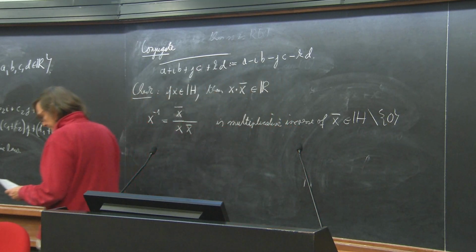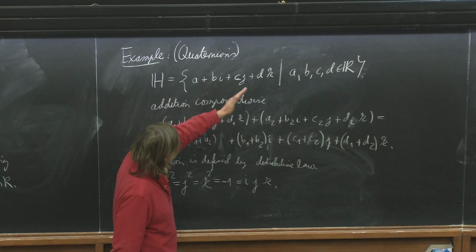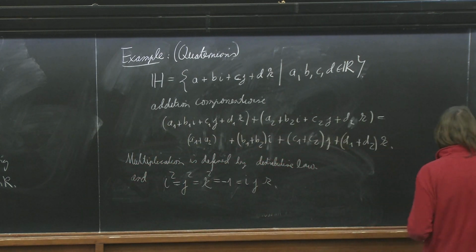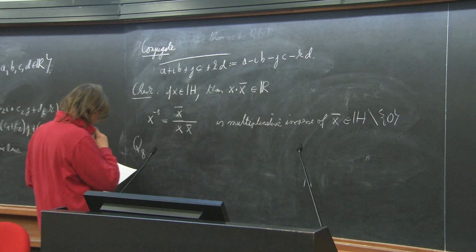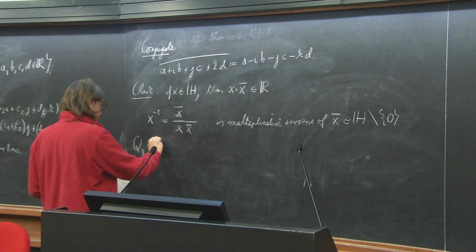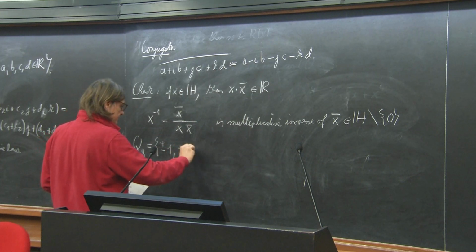Okay, so this was the description of the quaternions. Maybe a nice thing that the quaternions also give us is one nice group. Namely, we can look at the group of so-called unit quaternions. These are those where only one of the coefficients a, b, c, d is non-zero, and it's either 1 or minus 1. So Q8 is just the set of all plus minus 1, plus minus i, plus minus j, plus minus k.